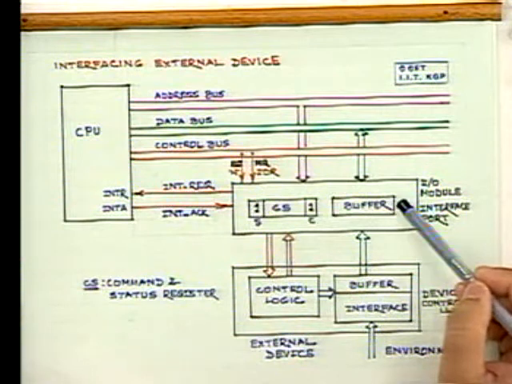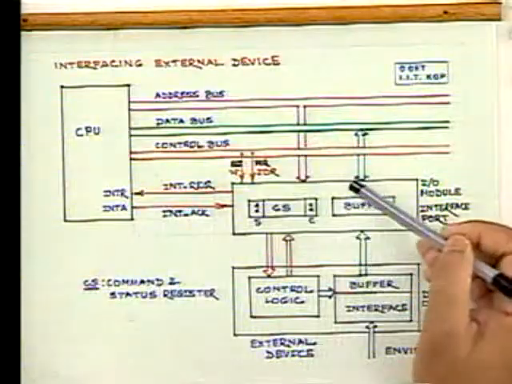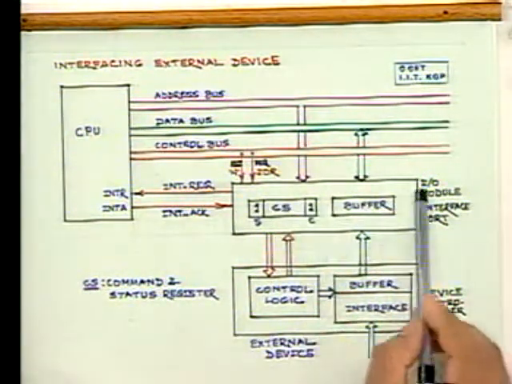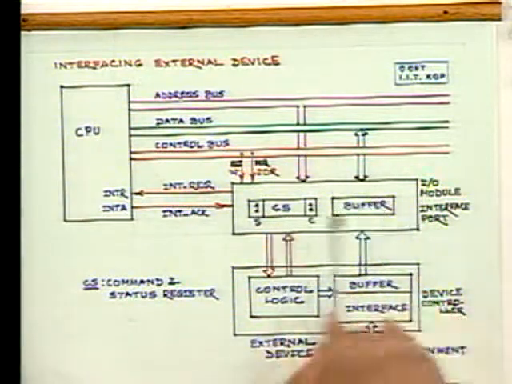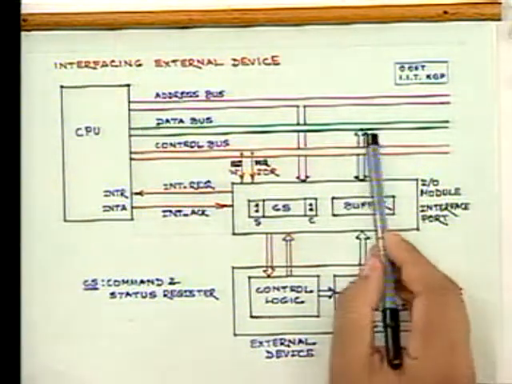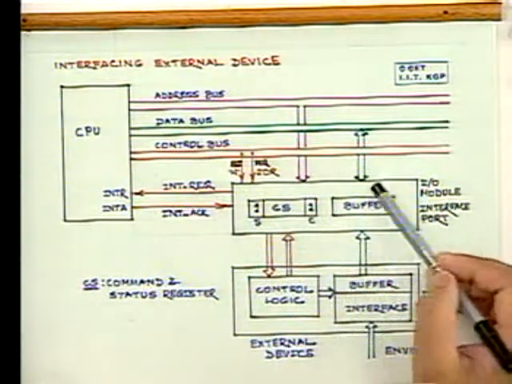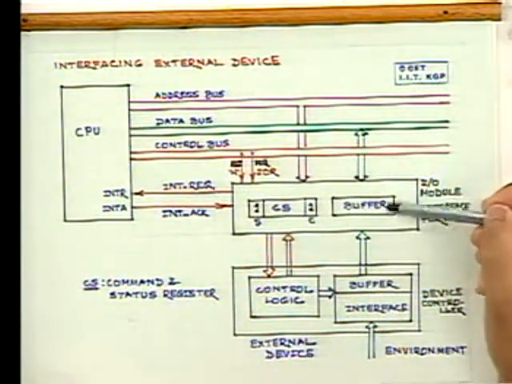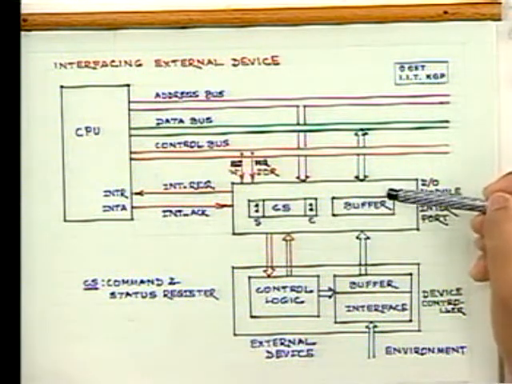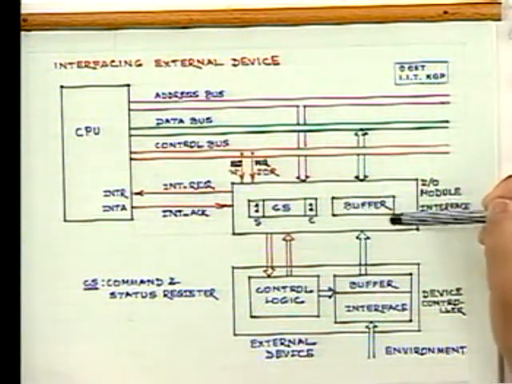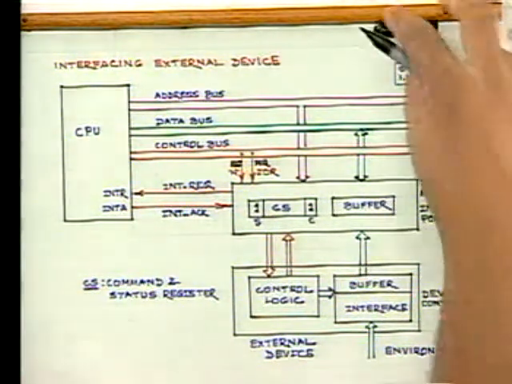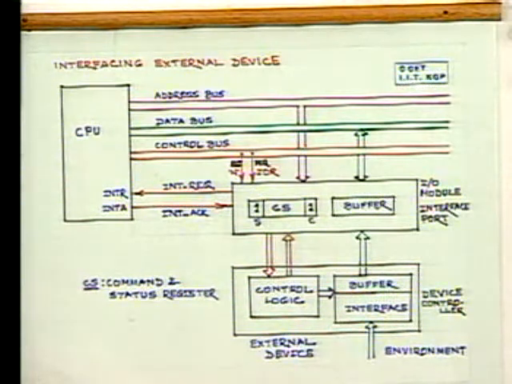It may be half a kilobyte, even several kilobytes, so that the data transfer between the CPU and that port, that interface module, can be made fast. That is why sometimes the buffer register, instead of a single word or a byte, can be constituted out of many words or bytes, sometimes as big as half a kilobyte or 1 kilobyte.